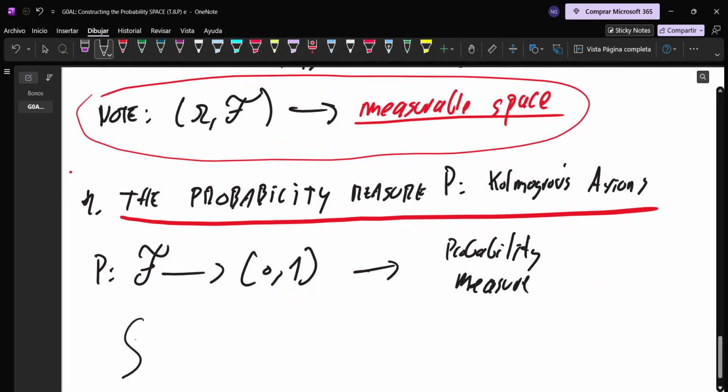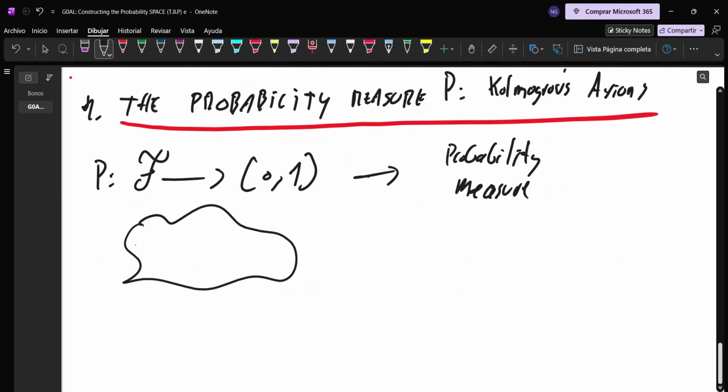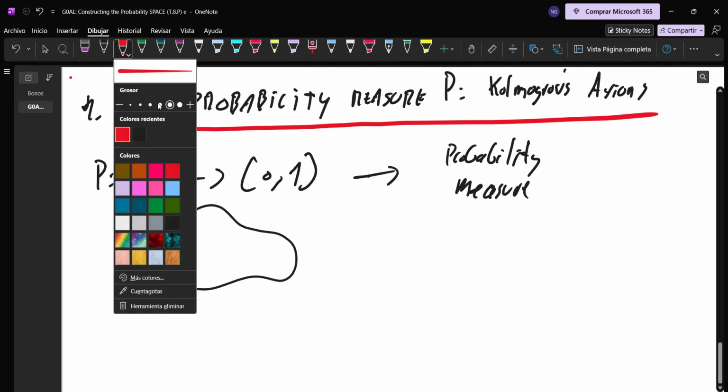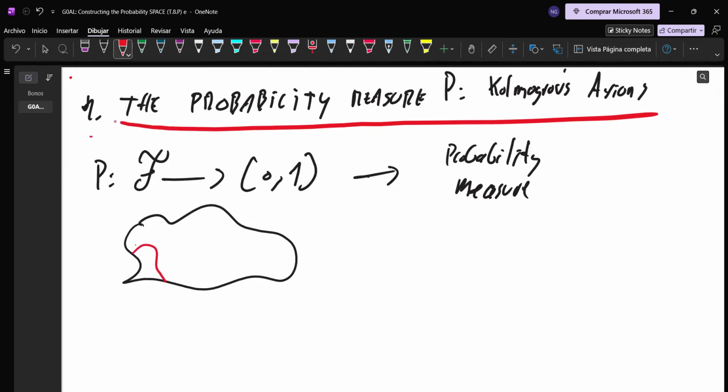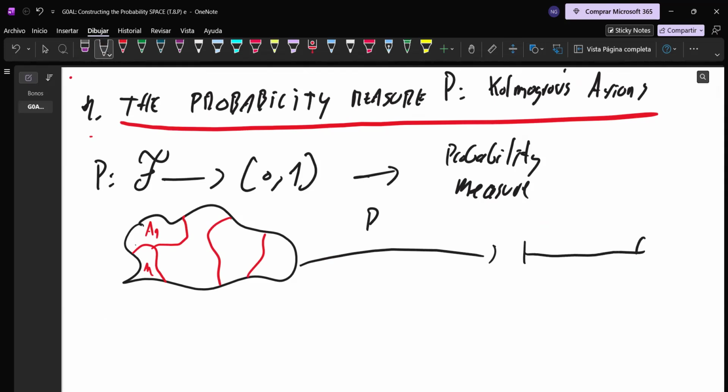This is a map from F. I can say I have subsets A1, A2, and something like that. Then this map P assigns a number between 0 and 1. These are not discrete. This is continuous.